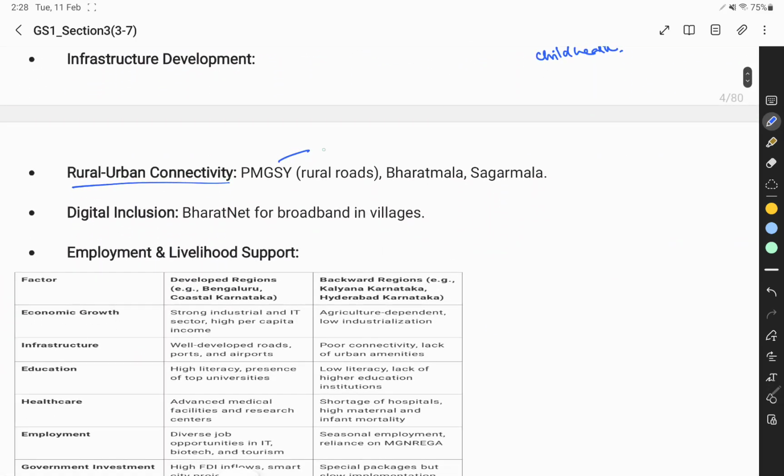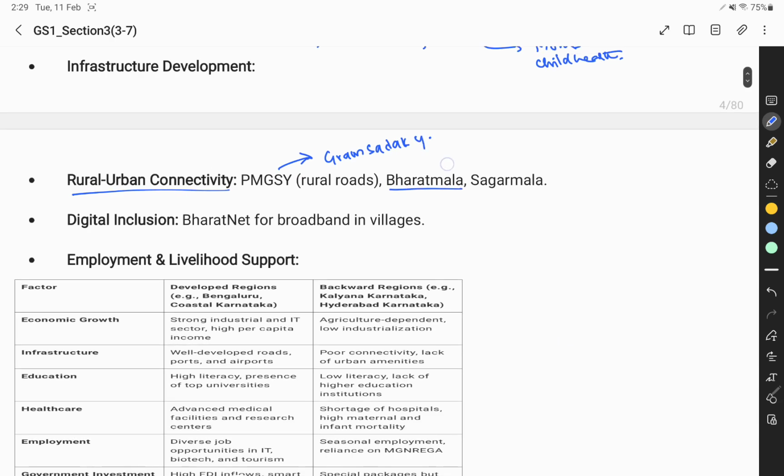So under this we have Pradhan Mantri Gram Sadak Yojana for rural areas. Then Bharat Mala, and Sagar Mala, these are port development projects. Then the national highway project.